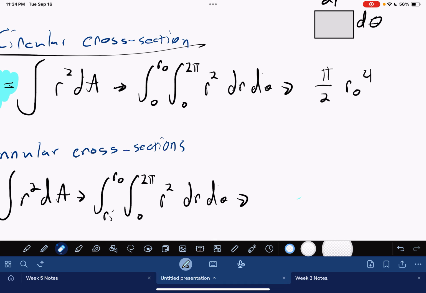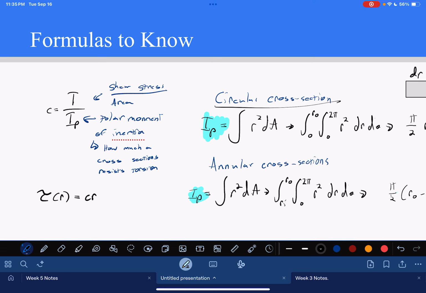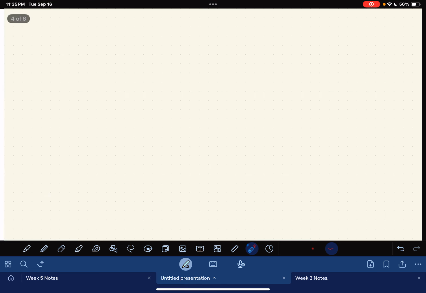And essentially what we get is pi over 2 times the outer radius to the 4th power minus the inner radius to the 4th power. Another thing to note is that this is our shear stress per area, but in order to expand that, we use this formula right here, and that's a general shear stress.